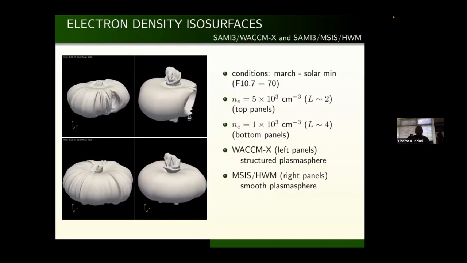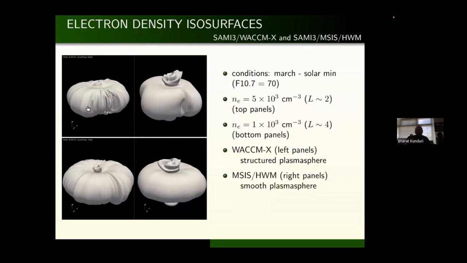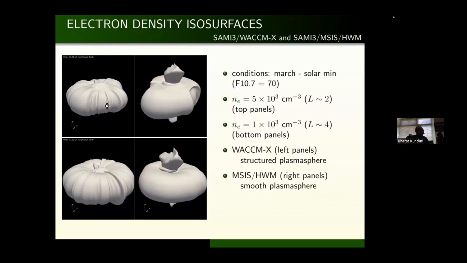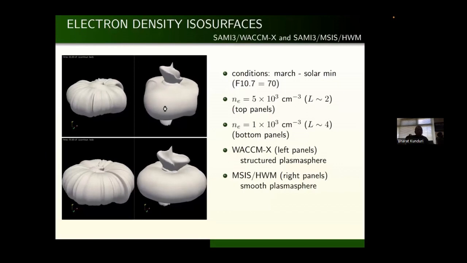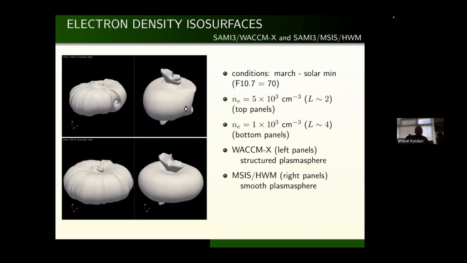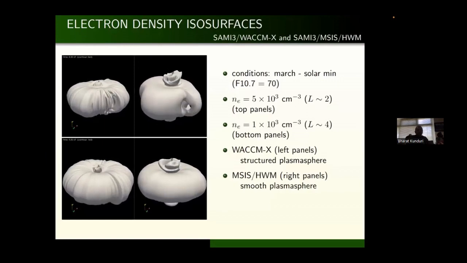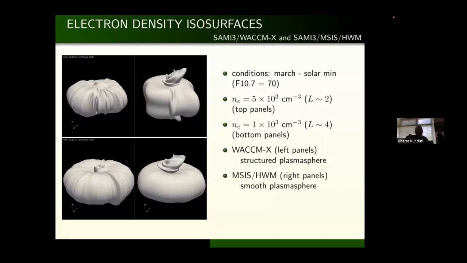When you're relatively enclosed, about L equal 2, again, you can see that the ionosphere with the atmospheric waves presents these corrugations and some duct-like structure. On the right, it's a relatively smooth feature. You do see these diurnal effects from the plasmasphere, filling in and refilling from day to night.